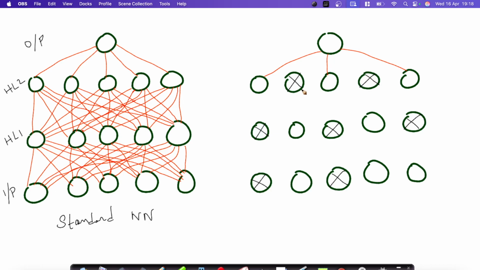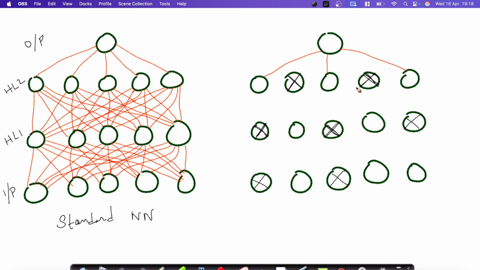Now in the concept of dropout, what we do is we randomly drop out certain neurons. We drop off or switch them off. This process means these neurons are switched off in a particular iteration. These crosses are done randomly. I could have crossed this one also.